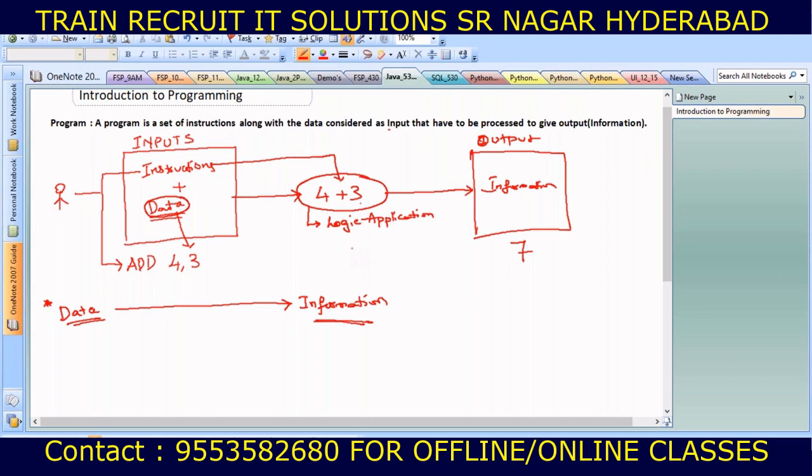Mathematical logic can be there, some kind of logical things, loops, conditionals, everything. So at the end of the day, what is your job? Your job is to apply the logic, do the processing, and get the information.